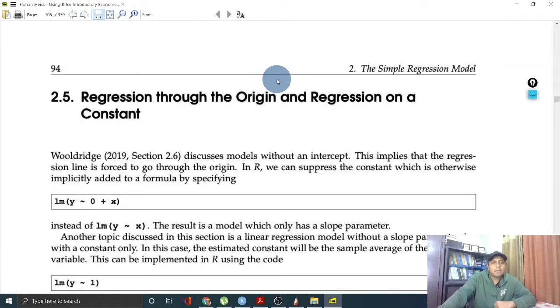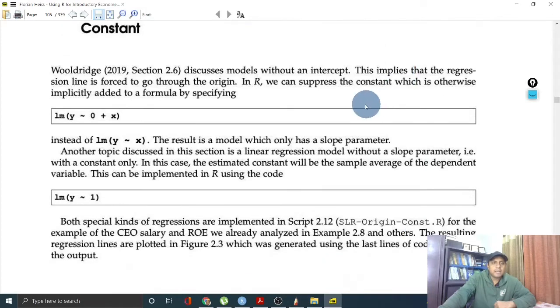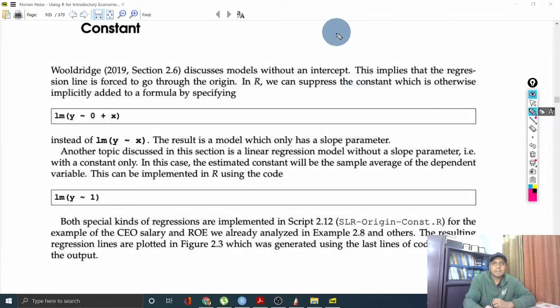Okay, now going to regression through the origin and regression on a constant. If we use a small diagram, let's assume that our model is going through the origin, and there is another model which is using an intercept. So there is a constant and there is no constant.